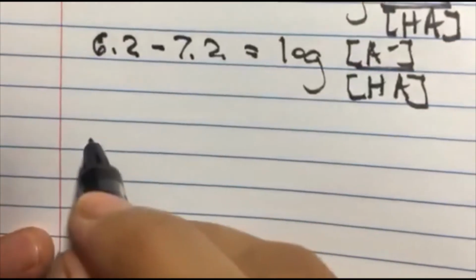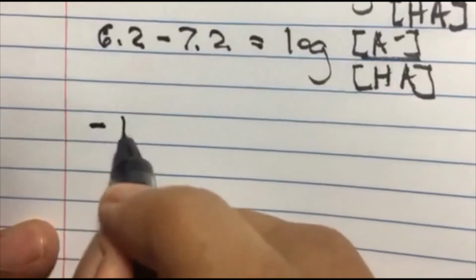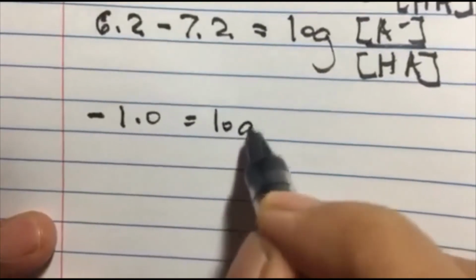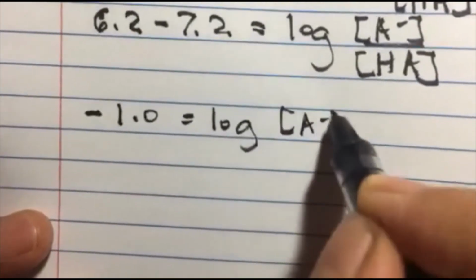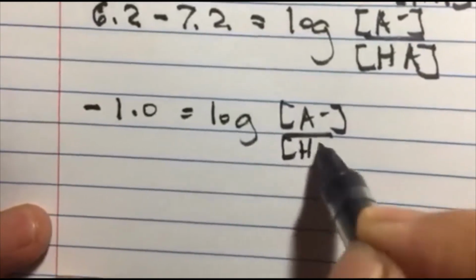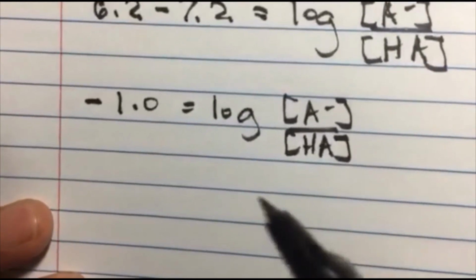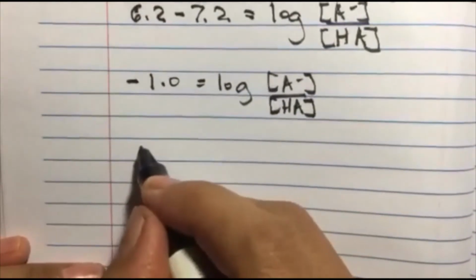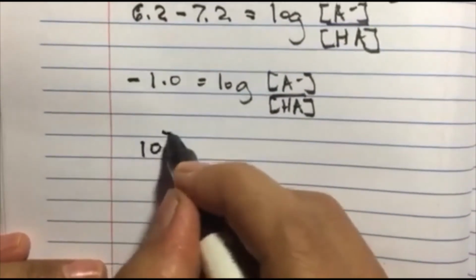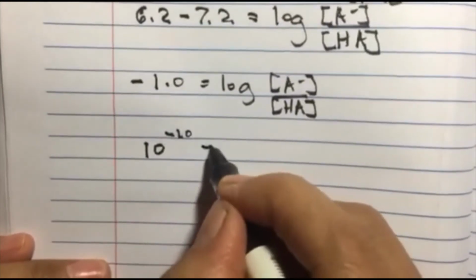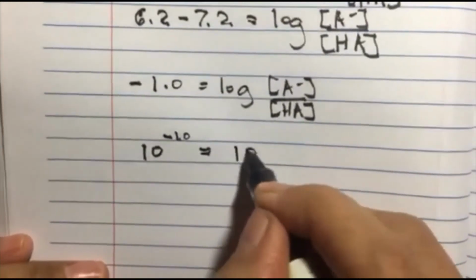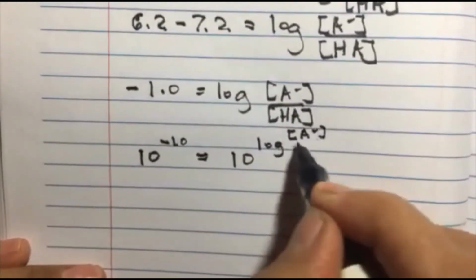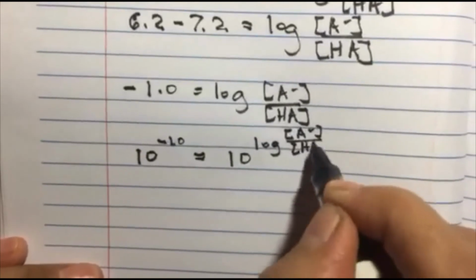So our equation will be simplified into negative 1.0 equals log A- over the concentration of the acid. Okay, so to get rid of this log, we write 10 raised to the power negative 1.0 equal to 10 raised to the power log of the conjugate base over the acid.